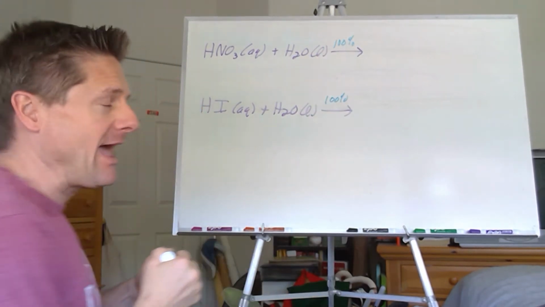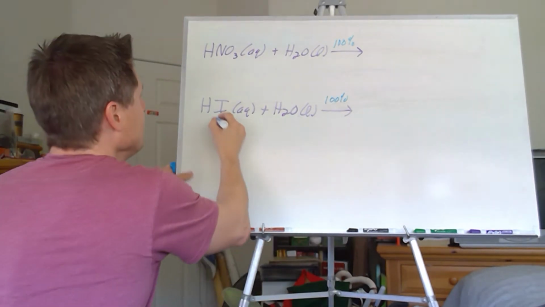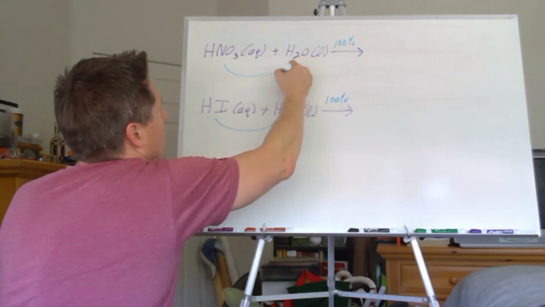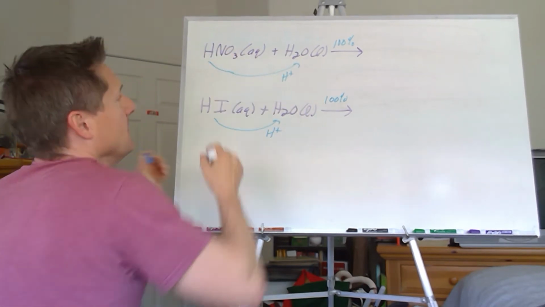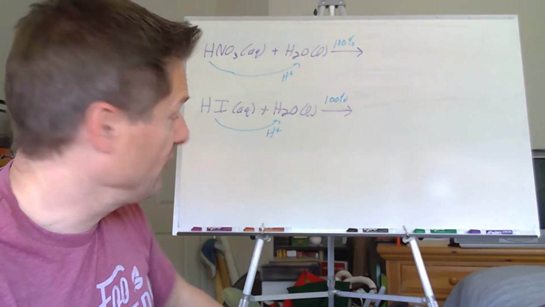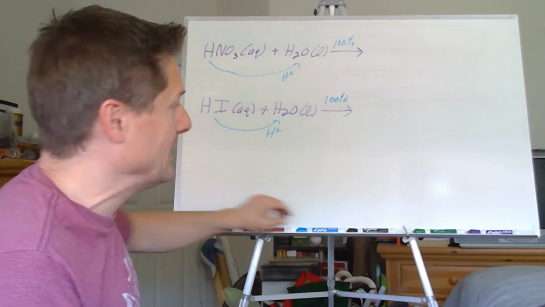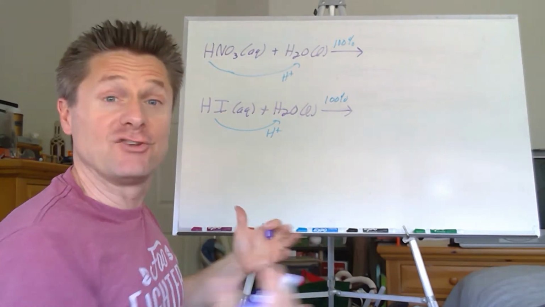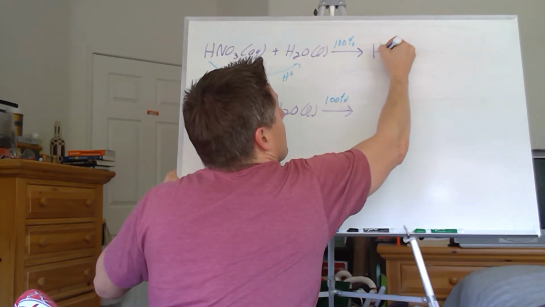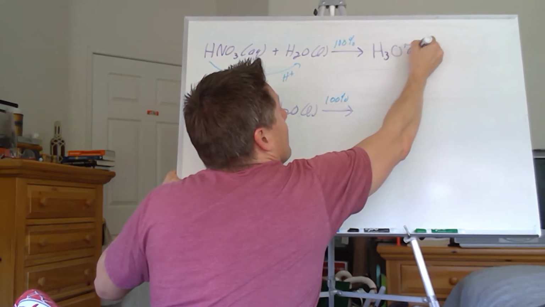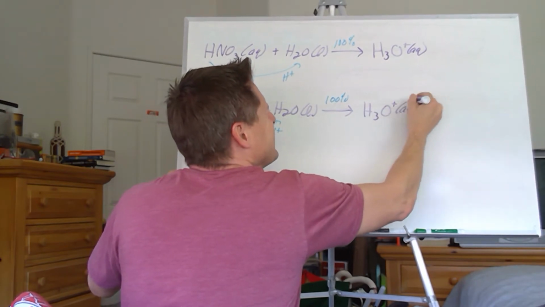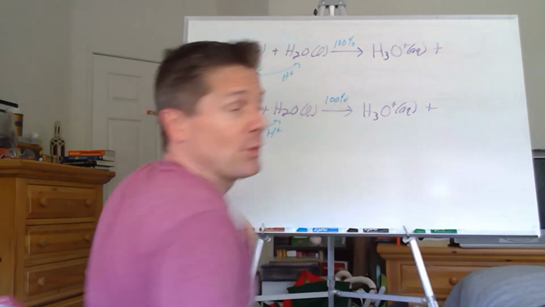So pause it if you have to. Donate your H+. Boop. That comes across. Boop. That comes across. Write your products for me, and let's see what we get here. All right. Of course, the water picks up the H+, so you get hydronium every time. So let's put the hydronium ion for both. That's pretty easy, right?